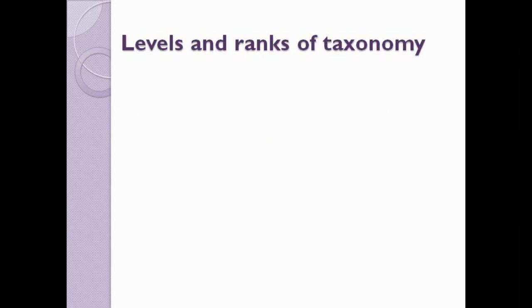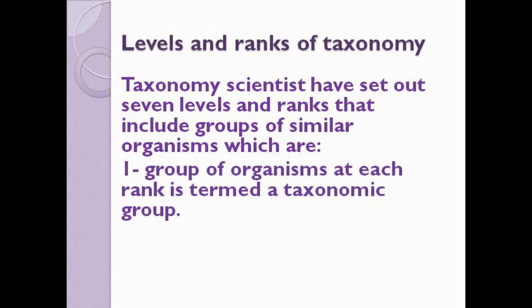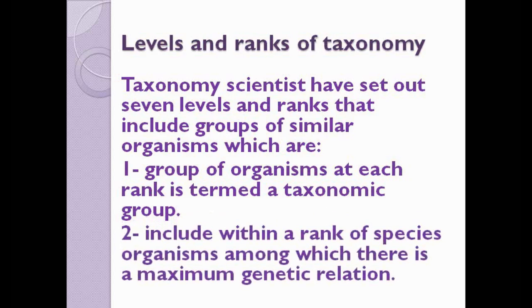Levels and ranks of taxonomy. Taxonomy scientists have set out 7 levels and ranks that include groups of similar organisms. Number 1, the group of organisms at each rank is termed a taxonomic group. Number 2, a rank of species includes organisms among which there is a maximum genetic relation.